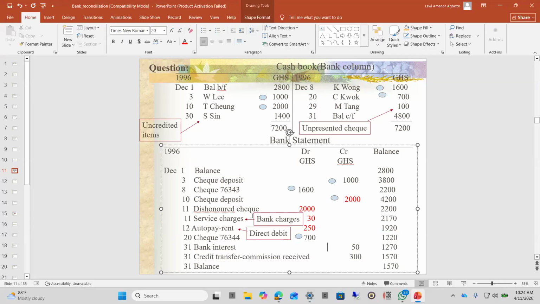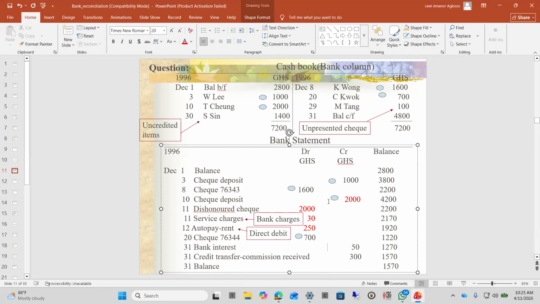Now, on the 31st, we saw that before the 31st, on the 30th, we received a check from S. Sin, 1,400. So we debited our account and we sent it to the bank, but we can't find it in the bank statement. Did you notice that?